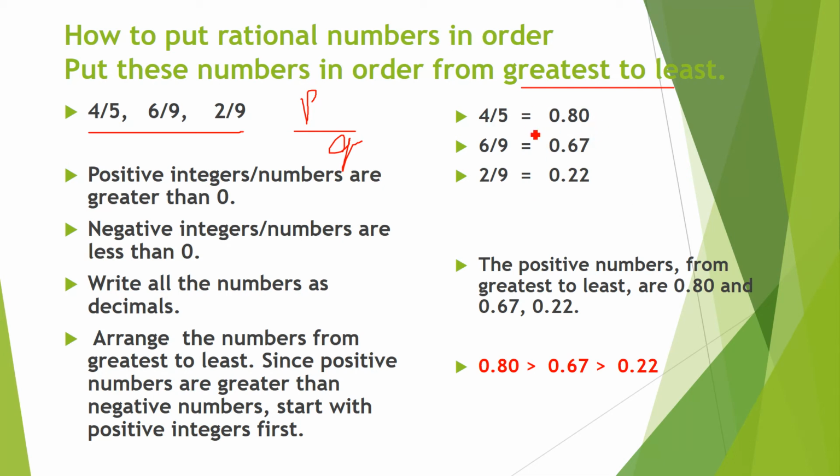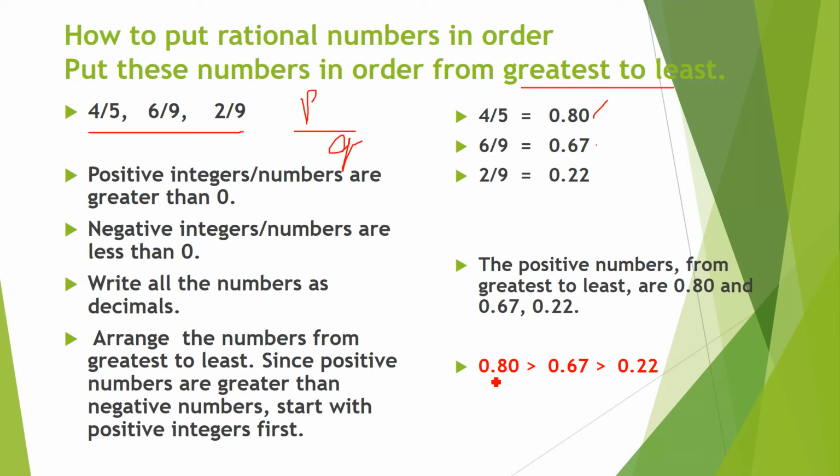So when we divide 4 over 5 or 6 over 9 and so on, we will get 0.80, and we have to arrange these rational numbers from greatest to least. You have to be very careful about what the question is. Sometimes the question says least to greatest, but this is greatest to least. So in this question, 0.80 is the greatest, 0.67 is second, and 0.22 is third.